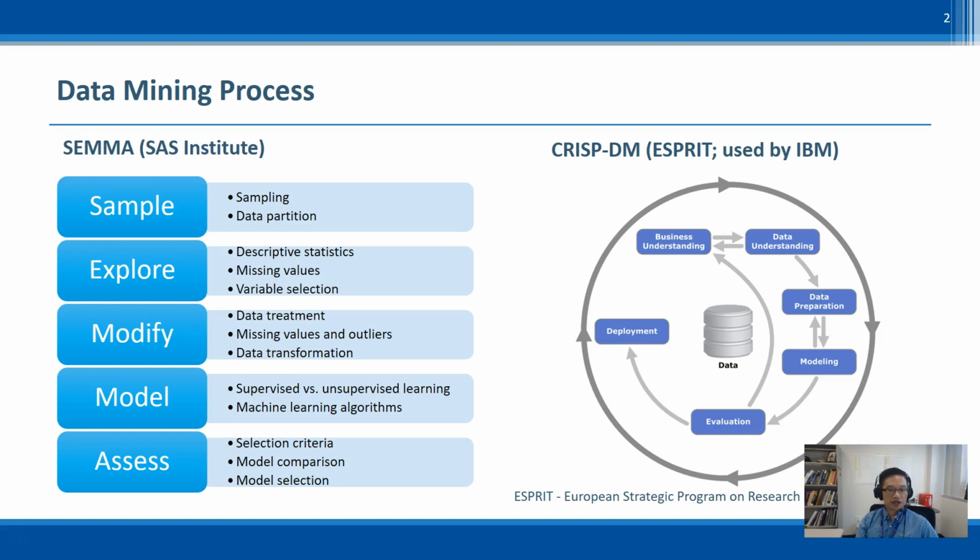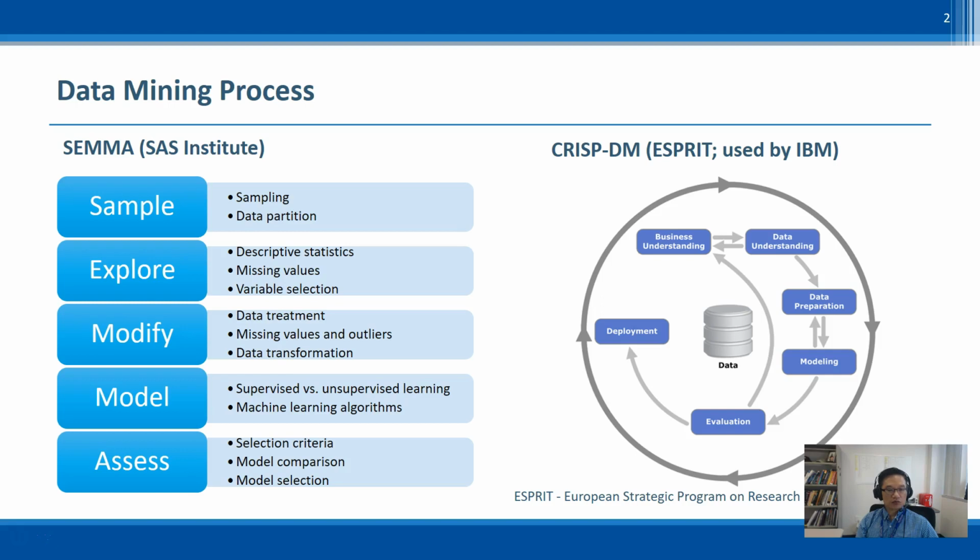Despite the numerous data mining processes you might find, there are two primary data mining processes that are widely accepted and used in both academia and industry: SEMMA and CRISP-DM. The first process is SEMMA, which stands for Sample, Explore, Modify, Model, Assess.